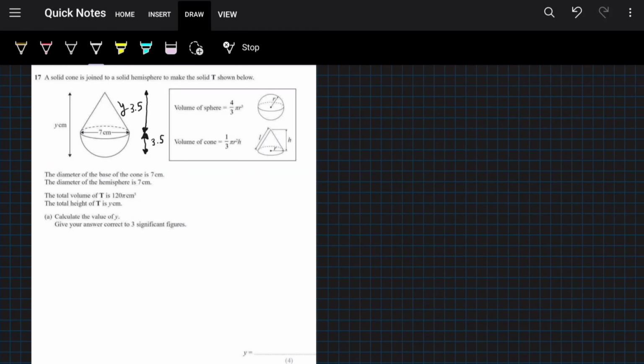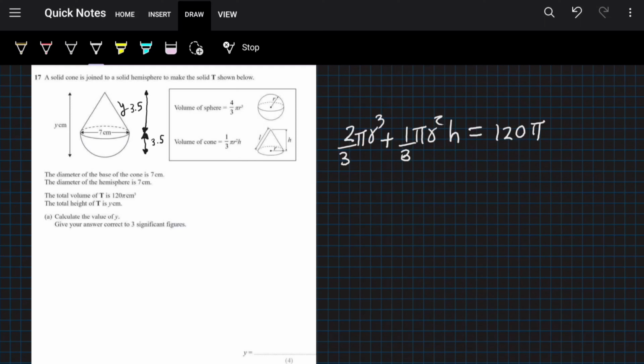So now we have 2/3 pi r cubed plus 1/3 pi r squared h, and that's equal to 120 pi, because that's the total volume, right? When we add them we get the total volume, and the total volume is given here, which is 120 pi.